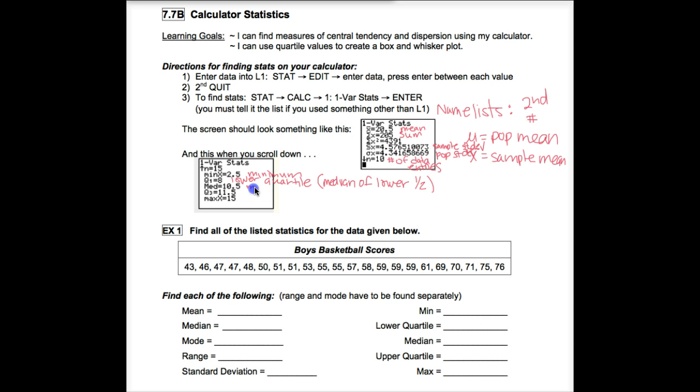MED is the median. Q3 is the upper quartile, which is the median of the upper half of the data. And then, of course, the max is the maximum value, the highest data value that you see.